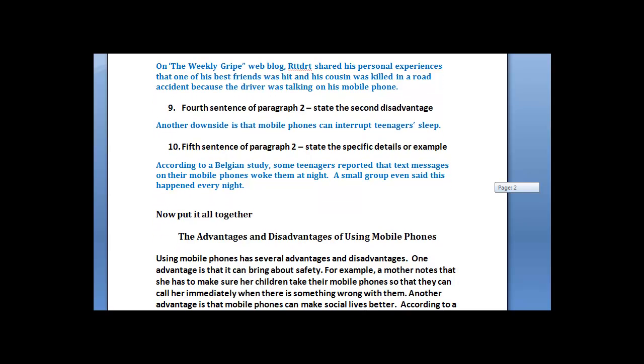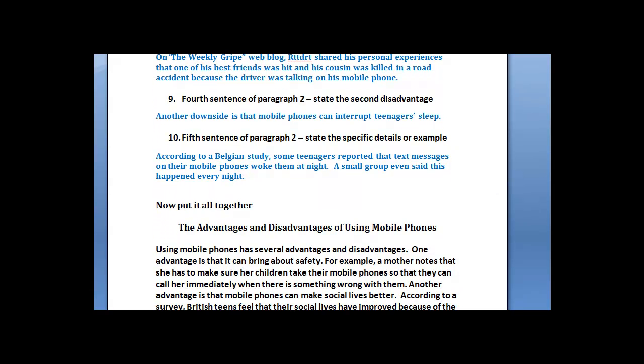Now on to the fourth sentence, which will be another main idea or second disadvantage. Here we state, another downside is that mobile phones can interrupt teenagers' sleep. So the main idea here is the interruption of teenagers' sleep, so that in the fifth sentence, we will give more specific details about that idea.